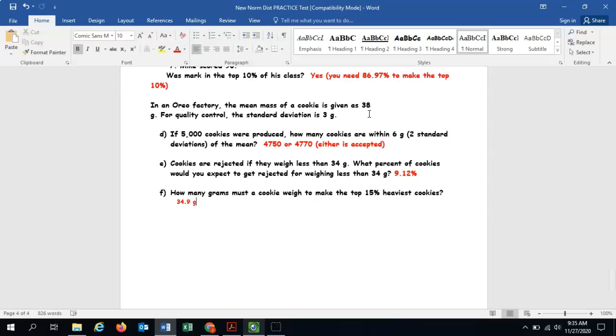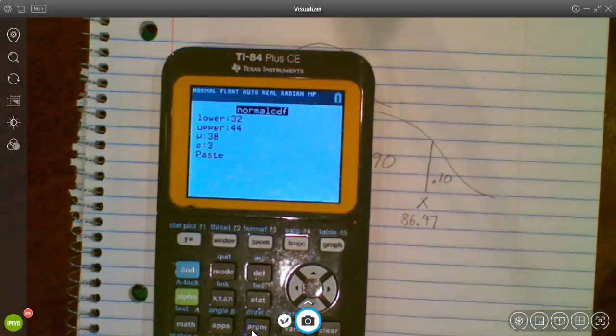So my lower bound would be 32. That would be 6 grams below the mean. My upper boundary would be 44. That would be 6 grams above the mean. My mean is 38. My standard deviation is 3. So here's what that looks like in the calculator.